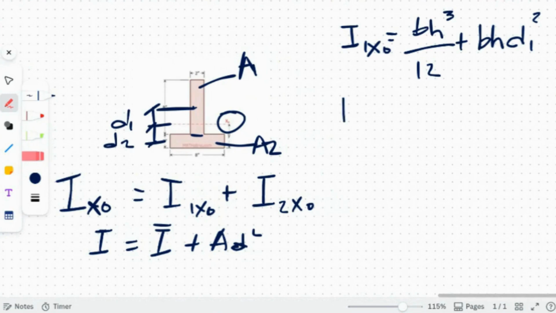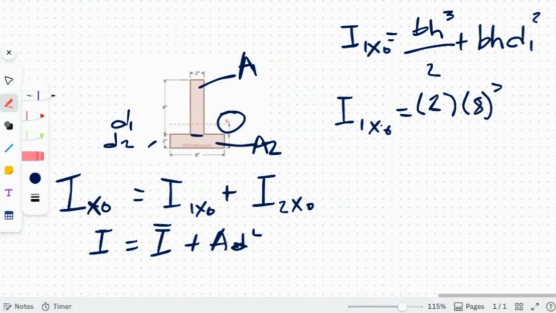So we now have I1XO is equal to base is 2 times height is, it's covered, sorry, 8 cubed over 12, plus, so that's your area, right?